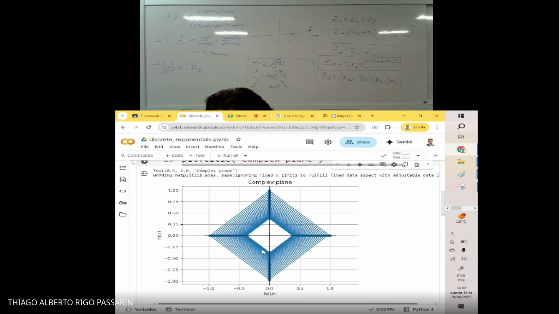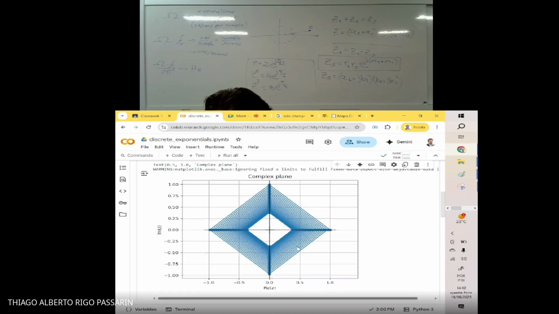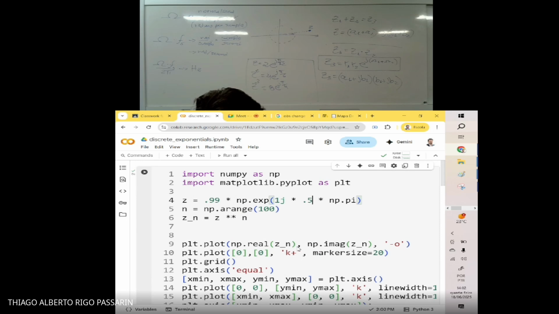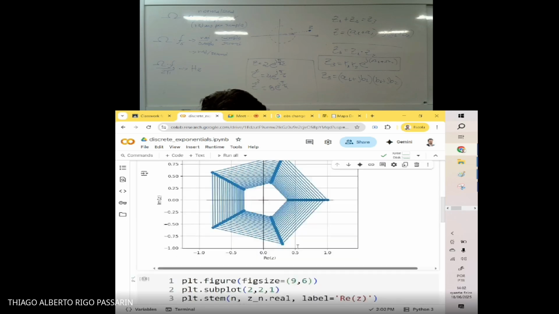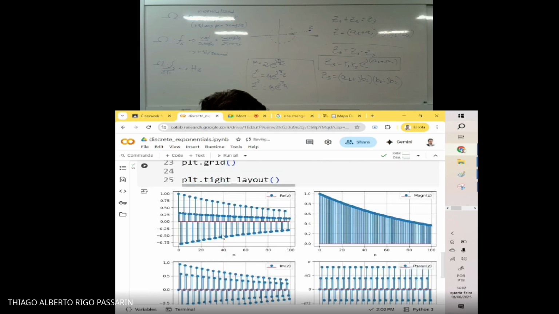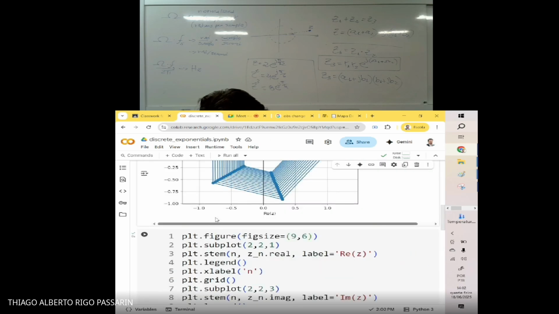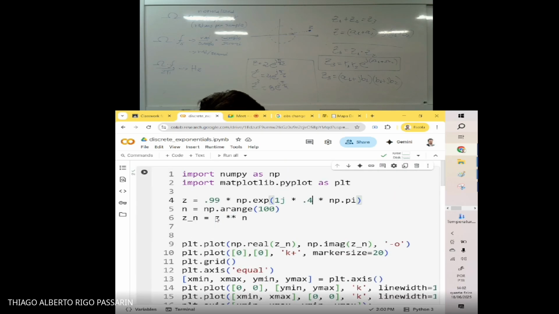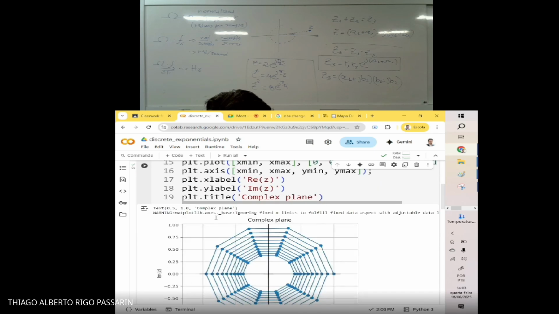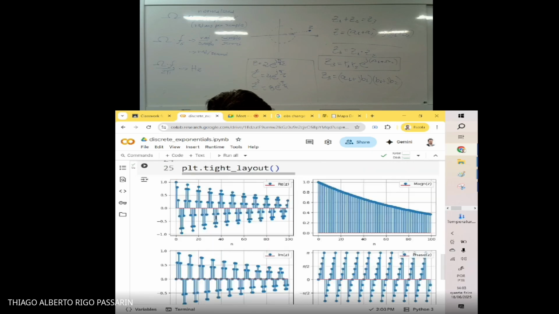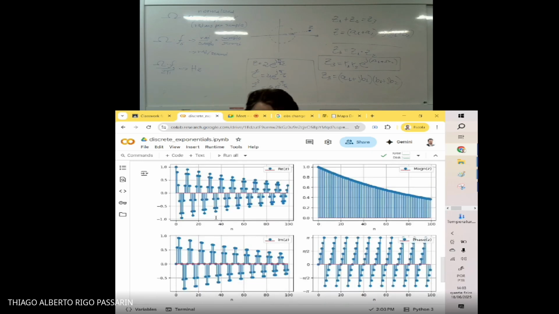So always an increase of 90. So that's too much. 0.4, what do we have? A pentagon. 0.2. Okay, so I guess you're convinced that this is the frequency of exponentials.